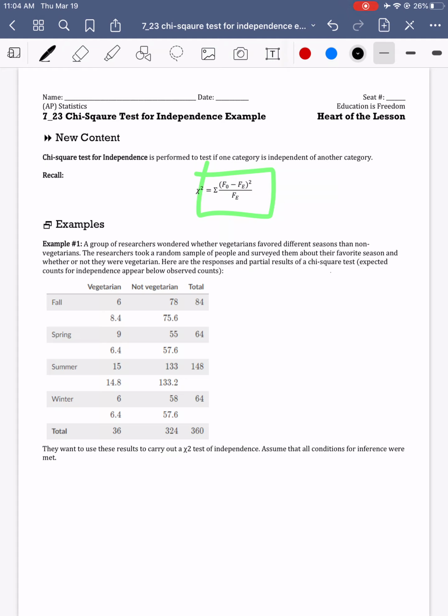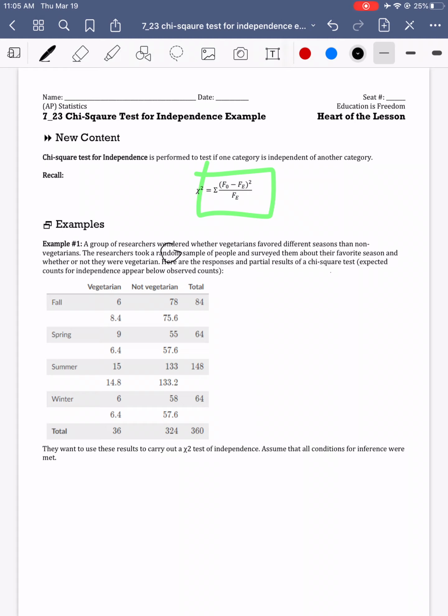So looking at this example, we have a group of researchers who wondered whether vegetarians favored different seasons than non-vegetarians. The researchers took a random sample of people and surveyed them about their favorite season and whether or not they were vegetarian. So here are the responses and partial results of the chi-square test.